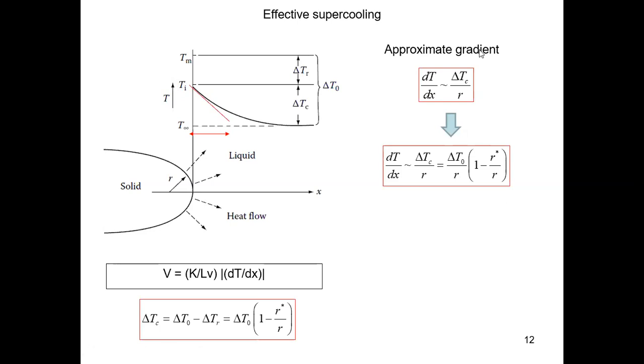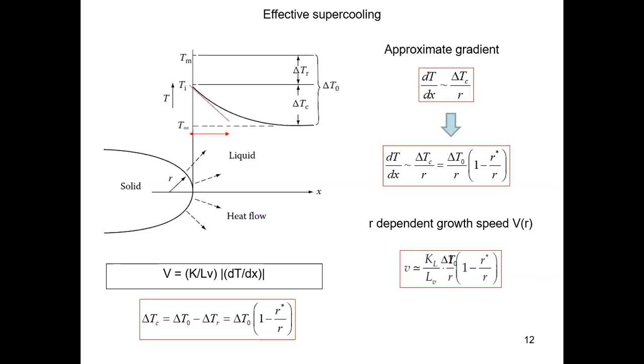Nonetheless, once we have this approximation of the temperature gradient, we can directly plug it back into the equation for the velocity, and so we have the R-dependent growth speed, which is this. I use this approximation because this here is approximate.